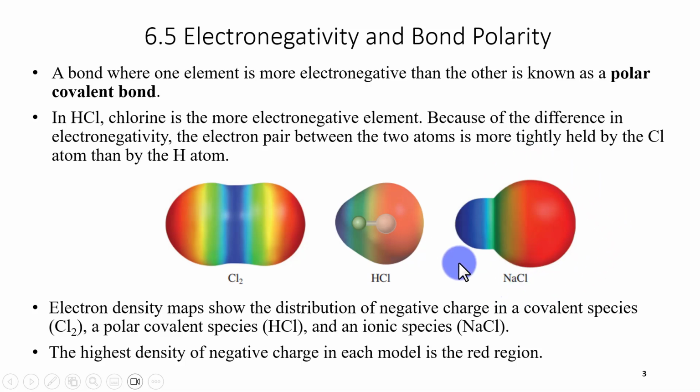I can also have an example of an ionic bond here. I have sodium and chlorine, sodium ion and the chloride ion. You can see that there's pretty much blue on the sodium part and pretty much red on the chlorine part.